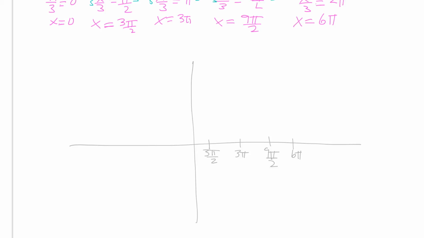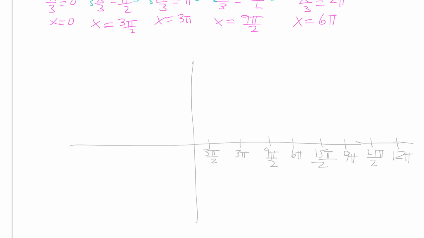We are counting up by 3 pi over 2. 3 pi over 2, 6 pi over 2 is the same as 3 pi. 9 pi over 2, 12 pi over 2, and 12 over 2 is the same as 6. Then that will bring us to 15 pi over 2. Going up by another 3 pi over 2 would be 18 pi over 2, and 18 over 2 would be 9 pi. And then 21 pi over 2. And then finally, 24 pi over 2, which is the same as 12 pi.